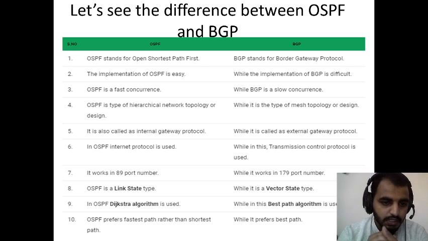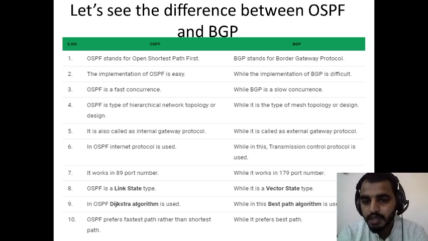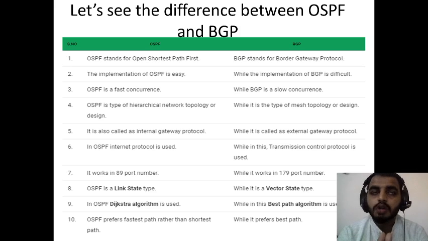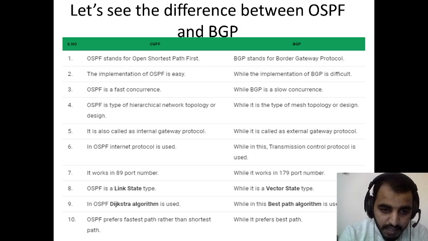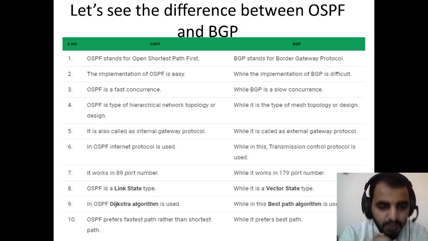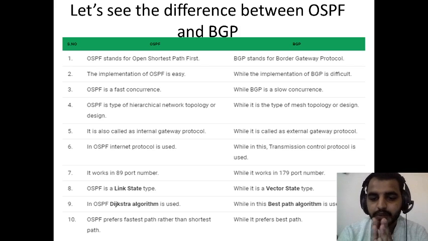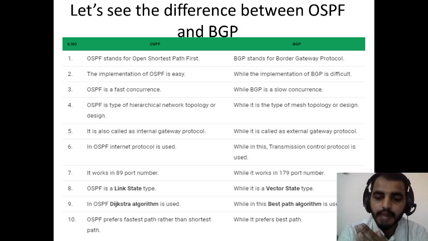The sixth point is that in OSPF Internet Protocol is used, whereas in BGP TCP, Transmission Control Protocol, is used. OSPF works on port 89, BGP works on port 179. OSPF is link state, BGP is path vector. OSPF uses the Dijkstra algorithm, which is very difficult to pronounce actually, whereas BGP uses the best path algorithm.